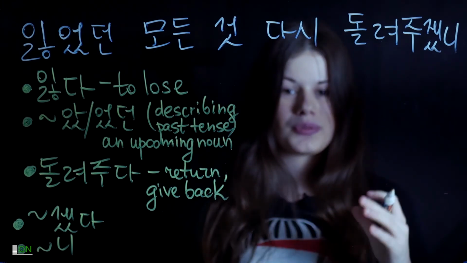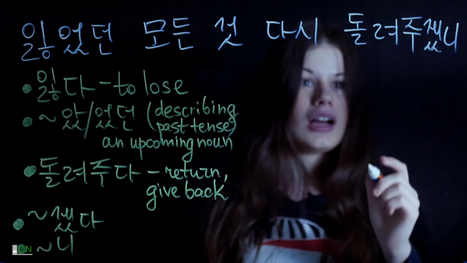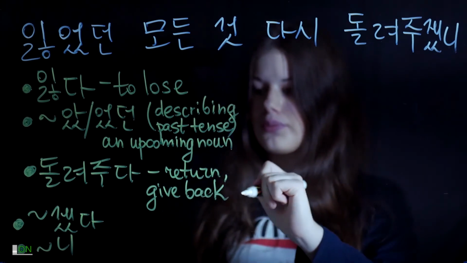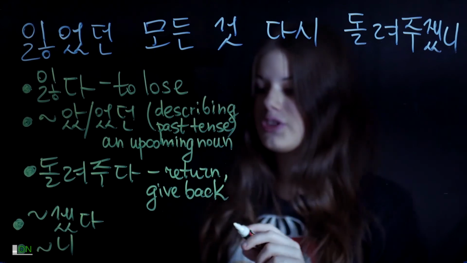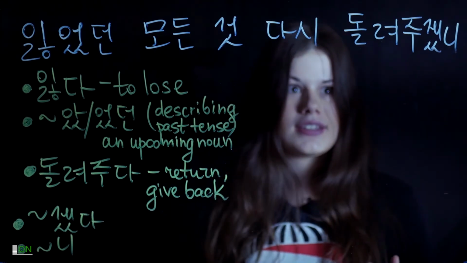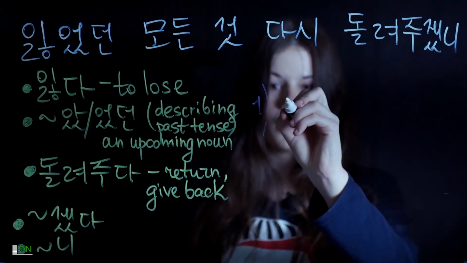다시, as we've learned in the beginning of this video, 다시 means again. 돌려주겠니, 돌려주다 means to return, to give back. Here we have two grammar points. The first one is 겠다. It means future tense, indicates future tense. For example, let's say I will go to store.